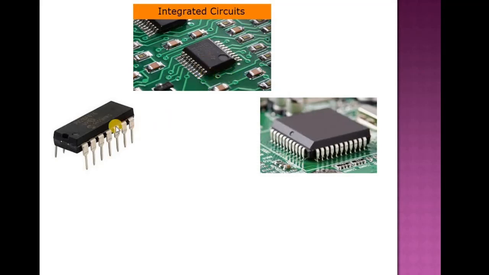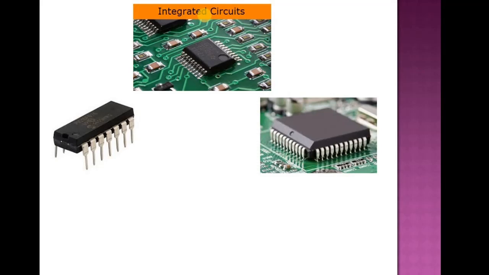So these are the ICs. They come in different shapes and sizes, and if you observe, these are the small resistors and capacitors, all mounted on a single chip. They were tiny in size compared to vacuum tubes, and they generated very little heat compared to the earlier generations.